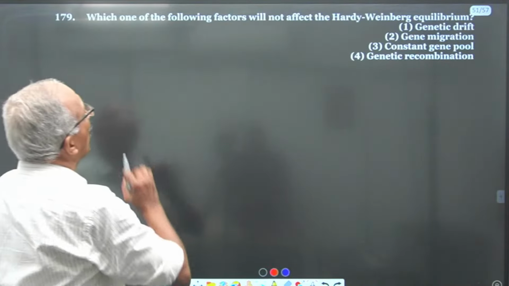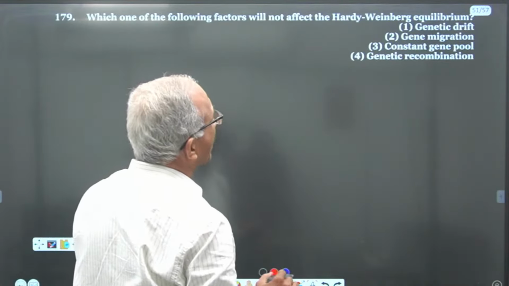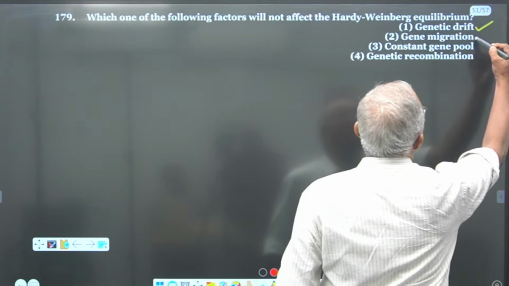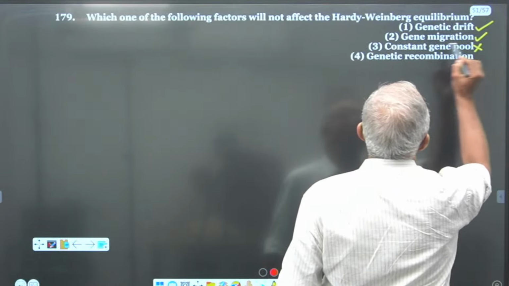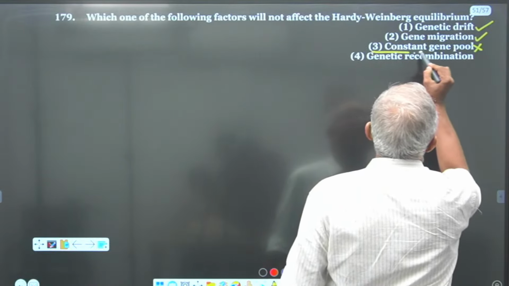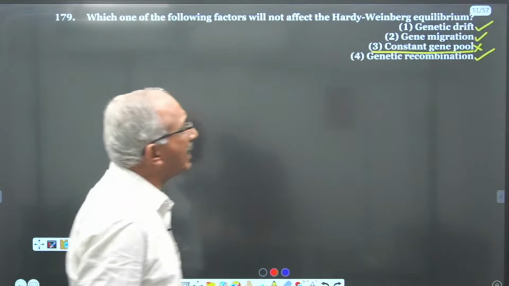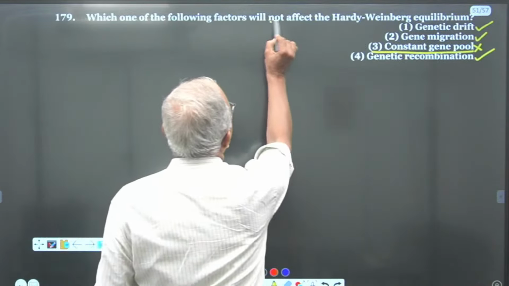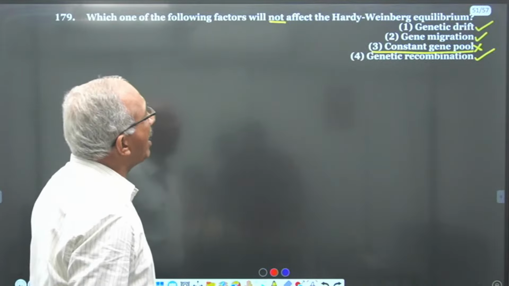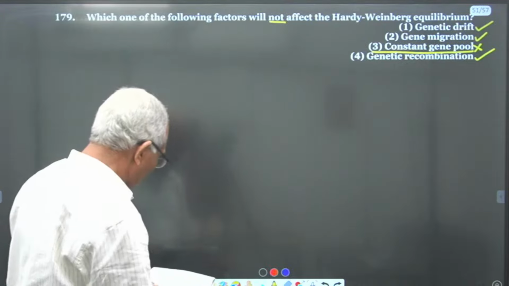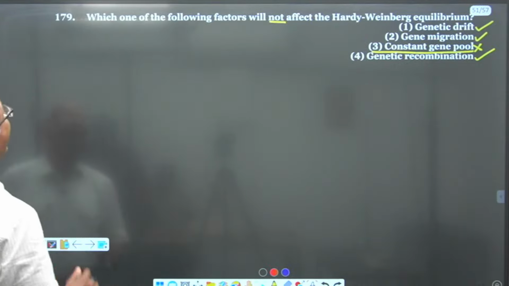Which one of the following factors will not affect Hardy-Weinberg equilibrium? Others will affect it, but a constant gene pool will not affect Hardy-Weinberg equilibrium. Genetic recombination will affect it. Answer is option 3.